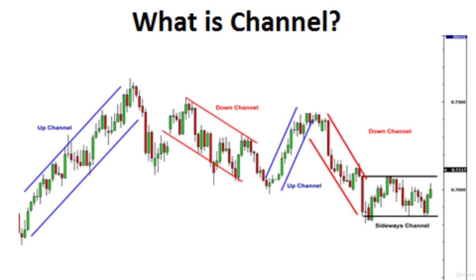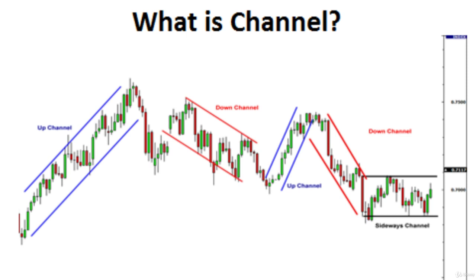After that, once the price breaks that channel, the price moves between lower tops and lower bottoms, signified by the red lines. The two parallel red lines create a downward channel.